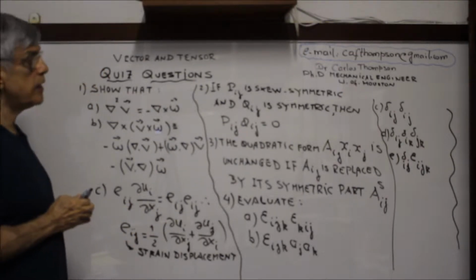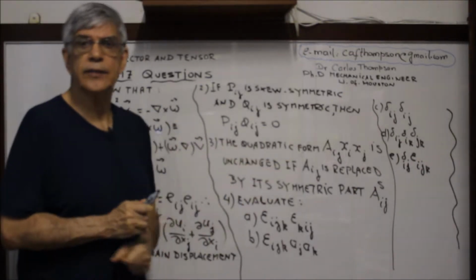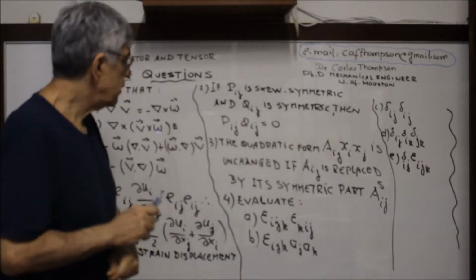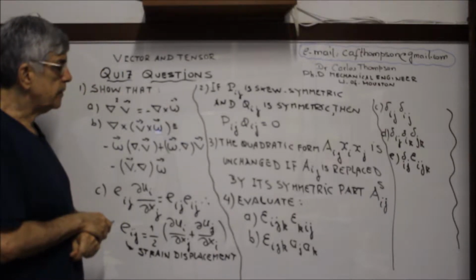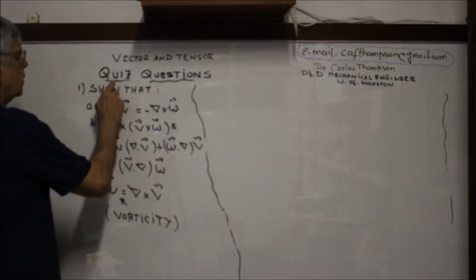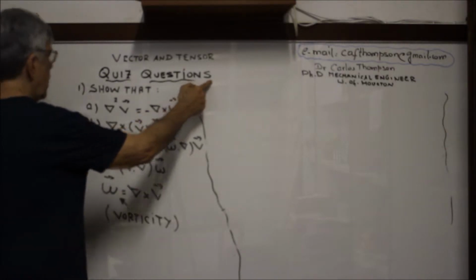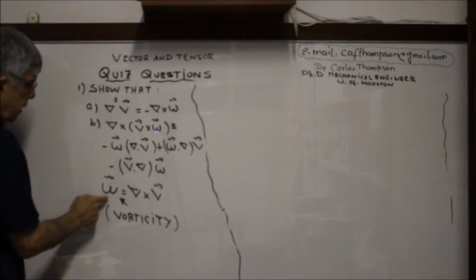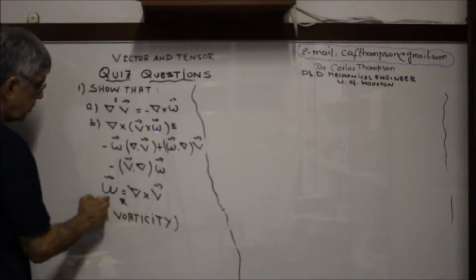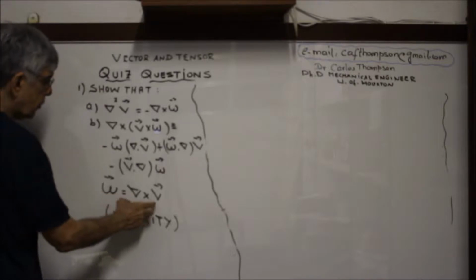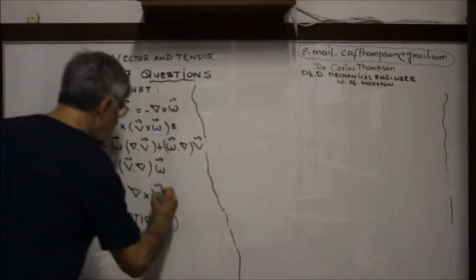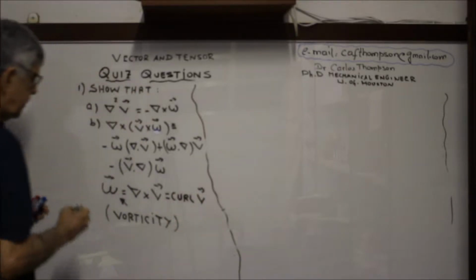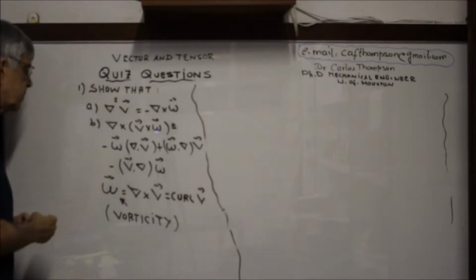Now you see the answers of these quiz questions after you try to do these questions. On the first question, don't forget the vorticity vector omega is equal to rotational of V. That's a curl of V. Just to develop this.